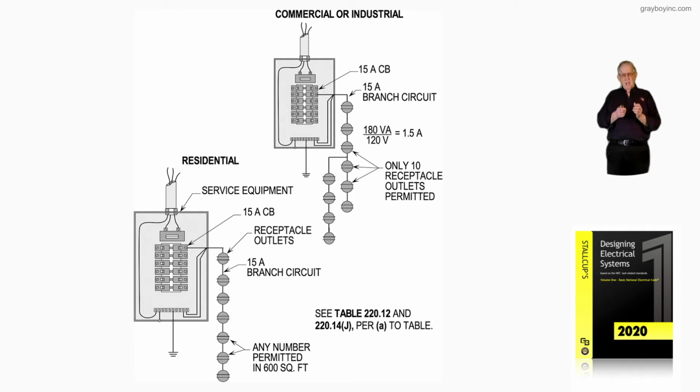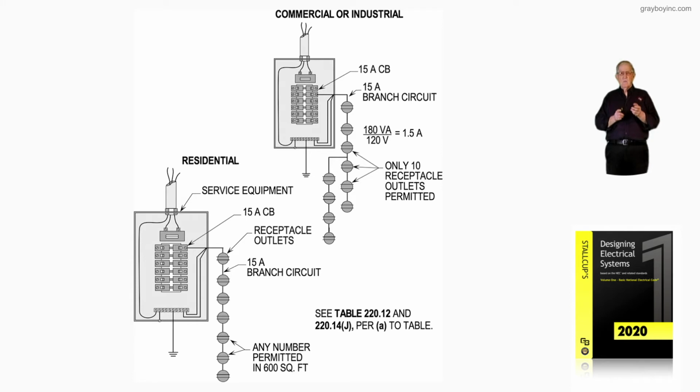But with the authority having jurisdiction allowing this, we could provide 120 volts times 15 amps divided by 3 VA per square foot selected from 220.14(J), and we would come up with 600 square foot. 120 times 15 divided by 3, we'd come up with 600 square foot.